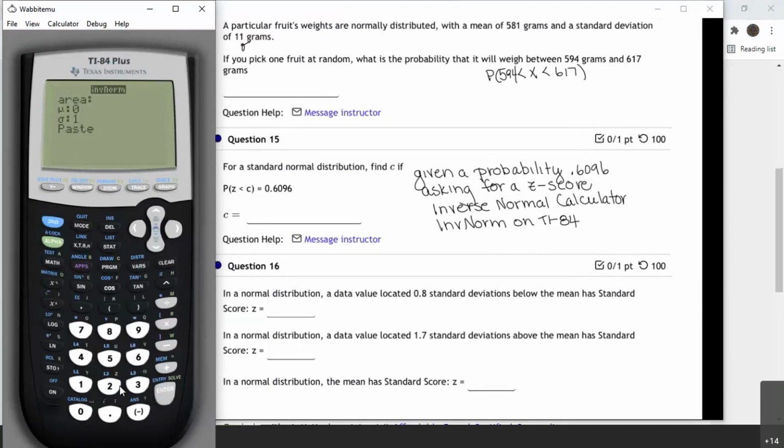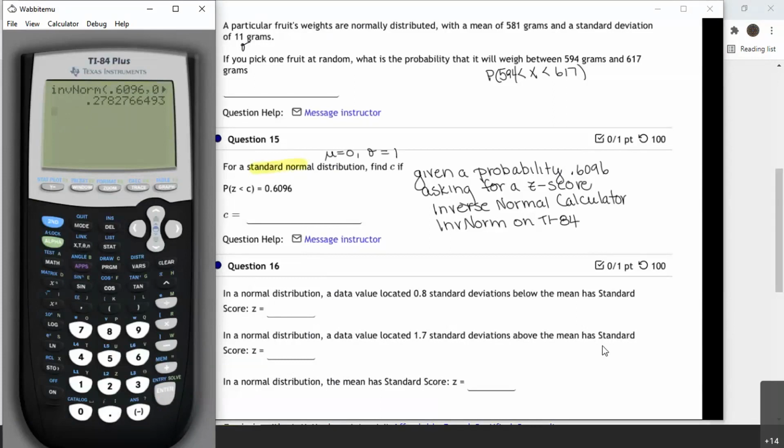Area is the same as probability, so put your probability there, 0.6096. And again, they said standard normal, so that basically tells you your mean is 0 and your standard deviation is 1. So this is set up to go just the way it is.